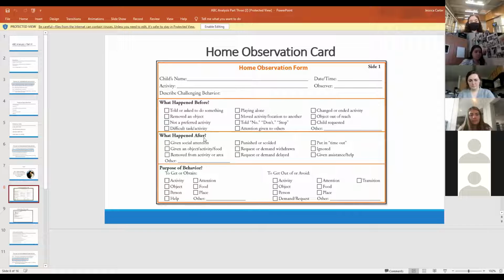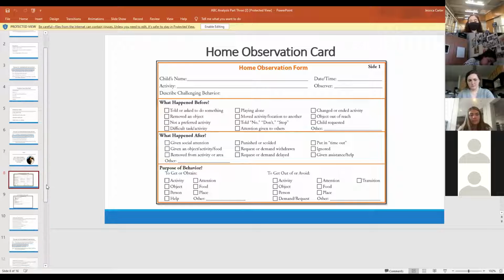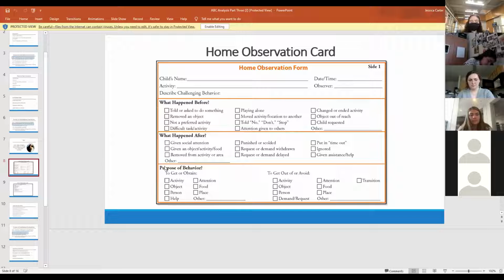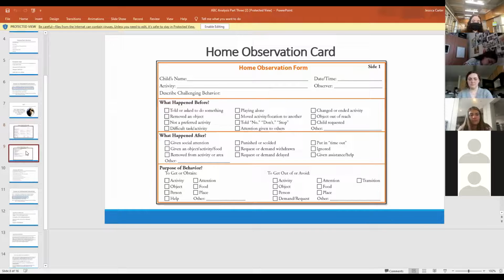So that's your antecedent and your consequence. But it's given to families in a checklist form so that it's a little bit more guided in terms of helping them complete it. But you would get similar information. And then it does ask families or whomever's filling this out to assess what is the purpose of the behavior. And again, that's helping us figure out functionality of functional behavior analysis.